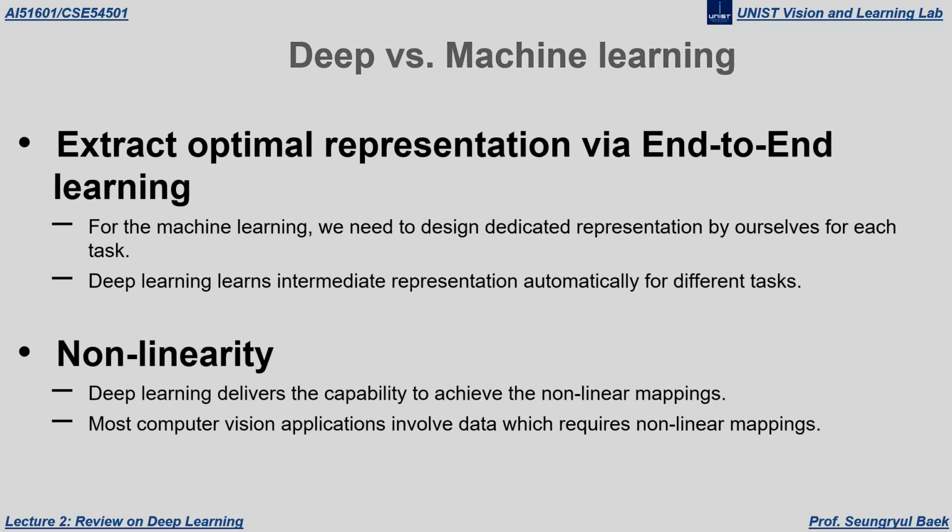We can learn from input to output, learn all the components of the layers, and obtain the optimal parameters. That's the first reason. And the second reason is that deep layers can represent nonlinearity.